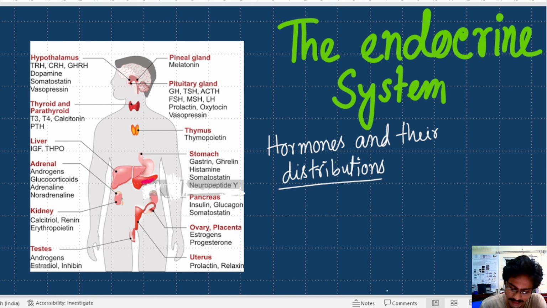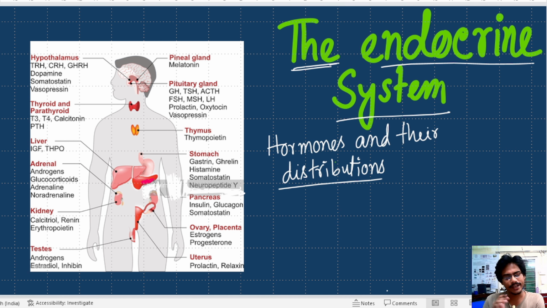So let's try to explain the endocrine system. The endocrine system, you can say it's a branch of biology, or a branch of medicine, that studies the normal production and the functions of the hormones and their distribution. The endocrine system is a collection of glands that secrete hormones.